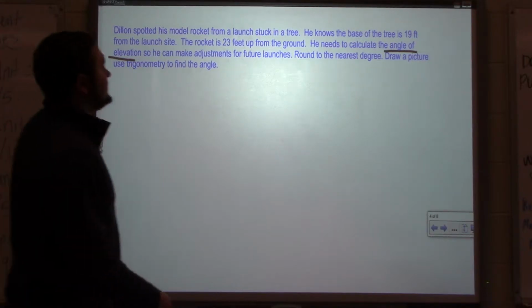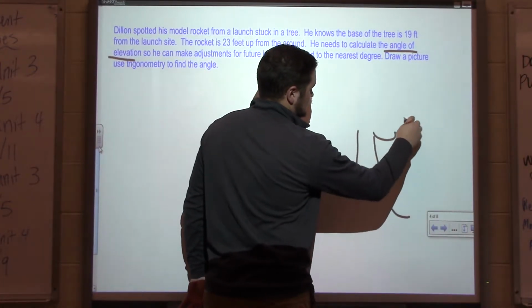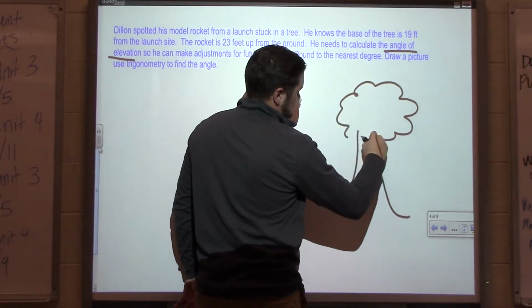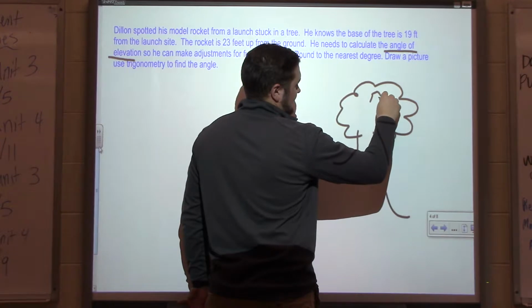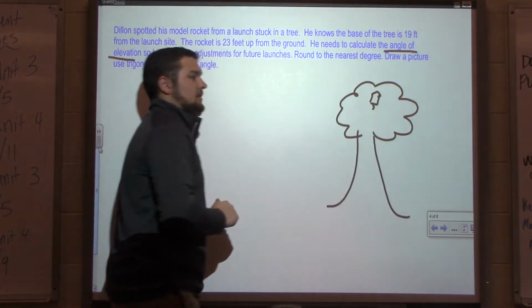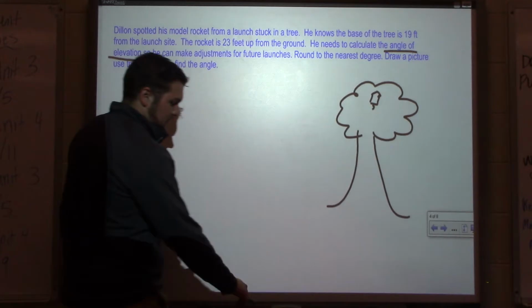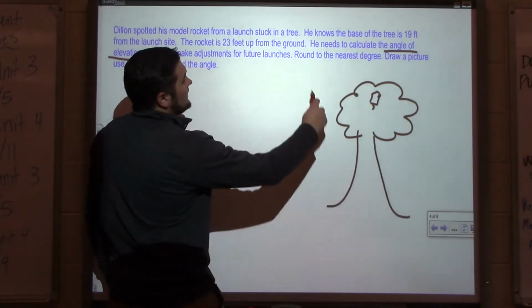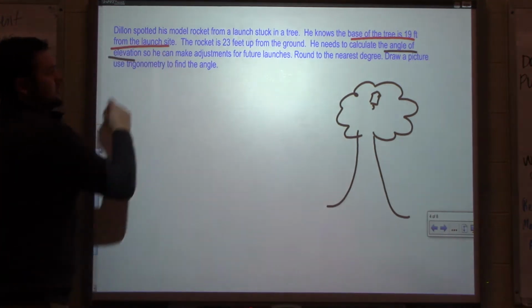Well, I'm going to draw my rocket stuck in a tree. There's my tree. My rocket's up there. It probably doesn't have a fuse on it anymore. We shot it off, right? That's right. So, my rocket's in the tree. He said the base of the tree is 19 feet from the launch site.